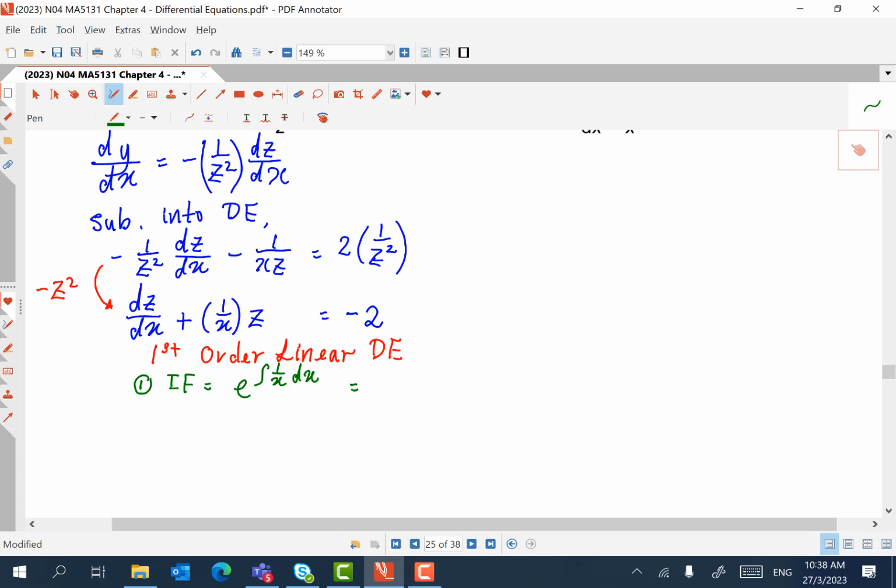So I find my IF the usual way, e to the integration of that thingy. In the other class, I asked them, why does this become this?